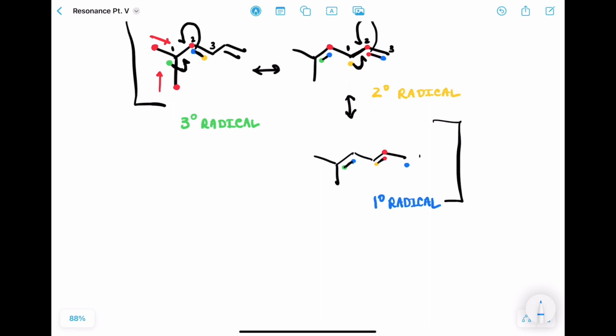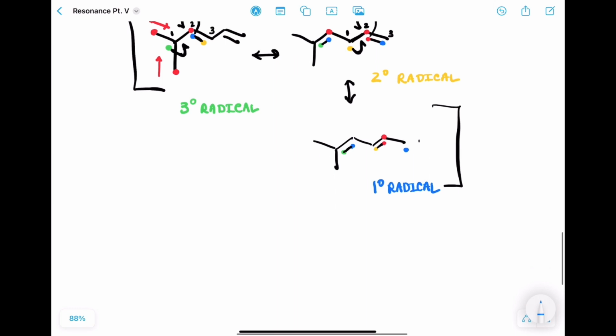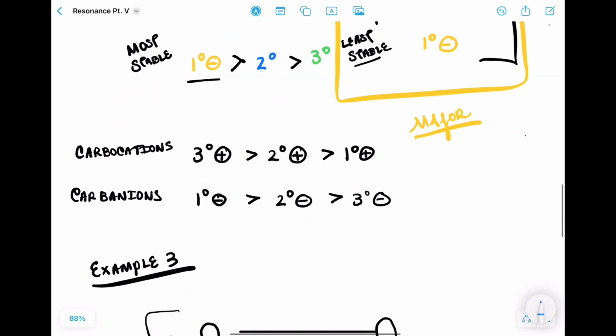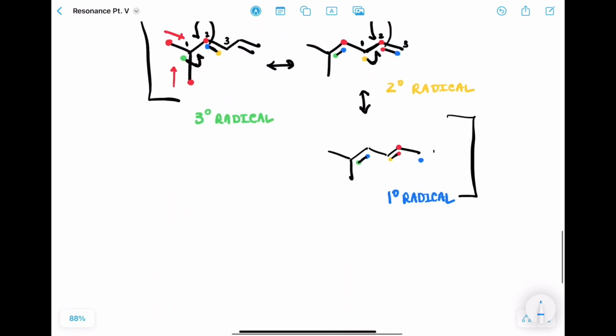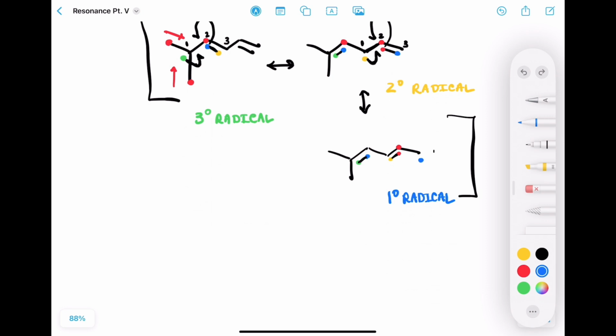And so if this is a primary radical, let's order the stability of these radicals. The stability of these radicals is going to mimic the stability of carbanions. And so, again, let me repeat that. The stability of radicals will mimic the stability of carbanions. Why? Because they're all electron dense, right? And so they're going to be very similar.